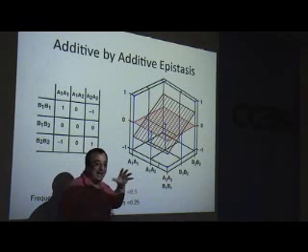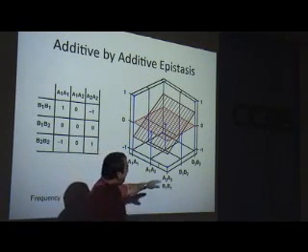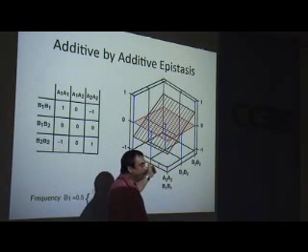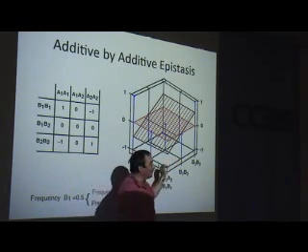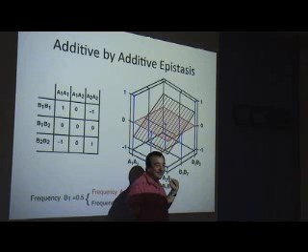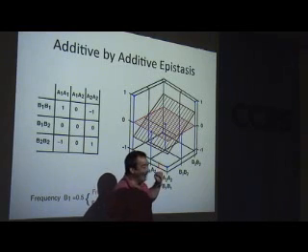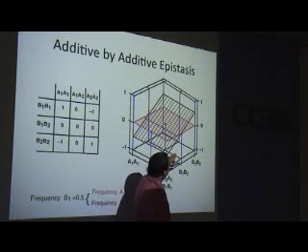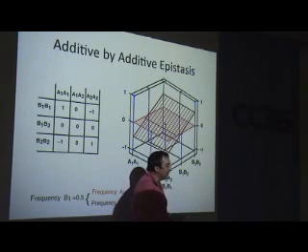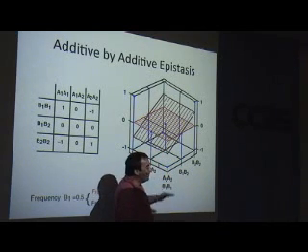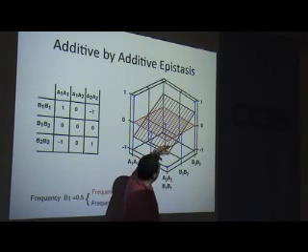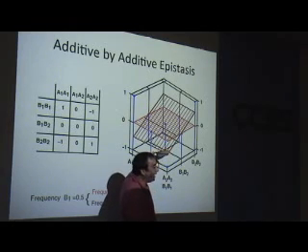So what is that additive genetic variance for the A locus? Well, it turns out it is the projection of the B locus onto the A locus. And again, it's a weighted projection. It's probably easier to project onto the B locus to get an idea. But for any given gene frequency, that plane changes.